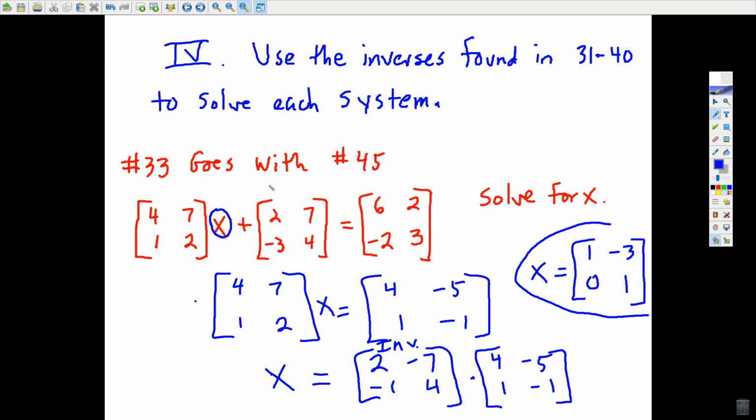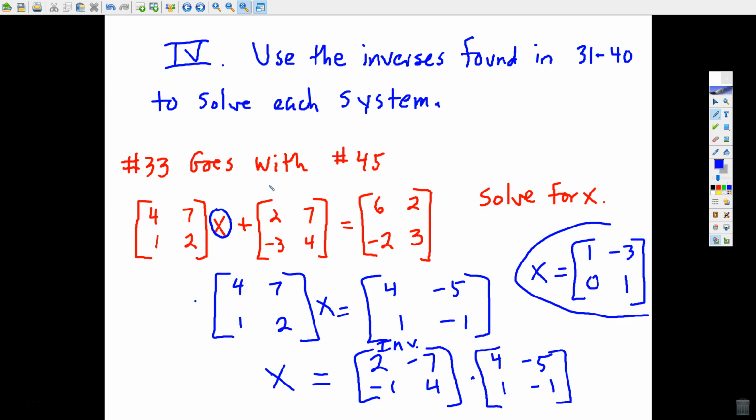You might be thinking when you get to number 41, make it a matrix, find the inverse of the coefficients. Well, you've already done that when you did number 31. So number 31 and number 41 correspond to each other. Look at number 32. Do you see how number 32 really matches up with 42? It's the coefficient matrix.